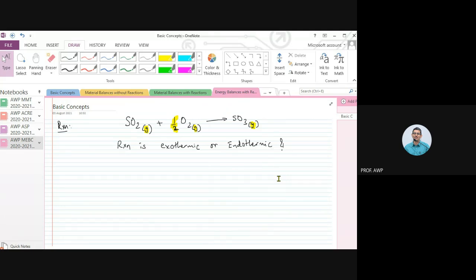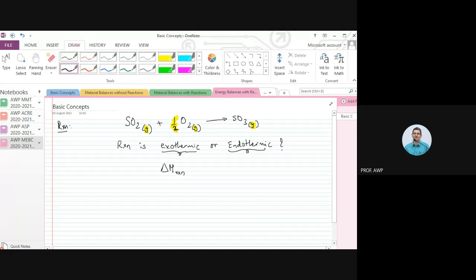Yeah, you are right, more or less. That gets into more of thermodynamics, but qualitatively, yes, you are right. It is an oxidation kind of reaction. Usually oxidations are exothermic, and hydrogenations are highly exothermic. So we quantify whether a reaction is exothermic or endothermic by a term called delta H of reaction.